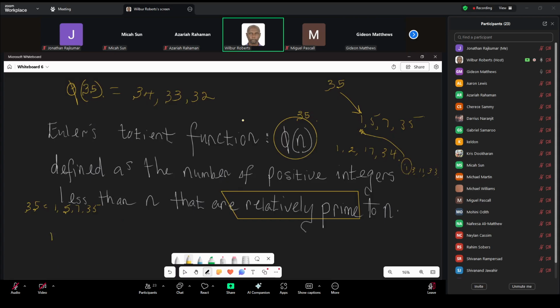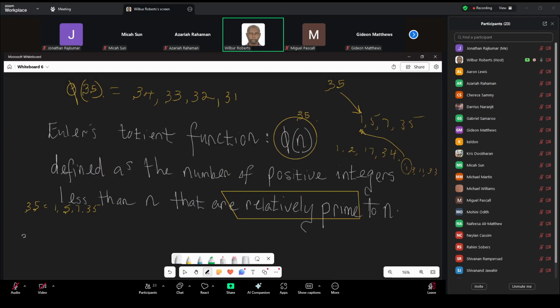The factors of 31 are just 1 and 31, right? Compared to 35, 1 is the only factor that they share. And when 1 is the only common factor that two numbers share, they are relatively prime or co-prime to each other.